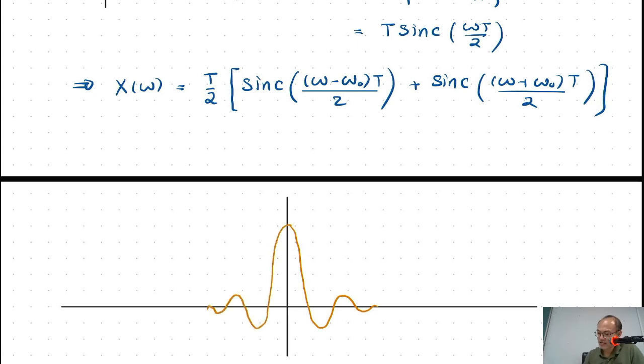This is sinc, right? Let's call this t sinc omega t over 2. Okay, so this is 2 pi over t.